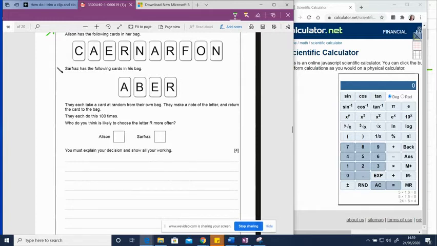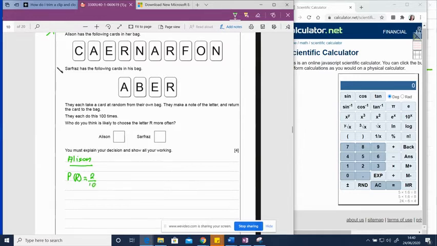So first of all, I'm going to look at Alison. And I'm going to work out the probability of her choosing an R. So the probability is the number of R is the number of successful outcomes. So how many R's are there? Well, there are 2 in the word Carnarvon out of a possible 1, 2, 3, 4, 5, 6, 7, 8, 9, 10.